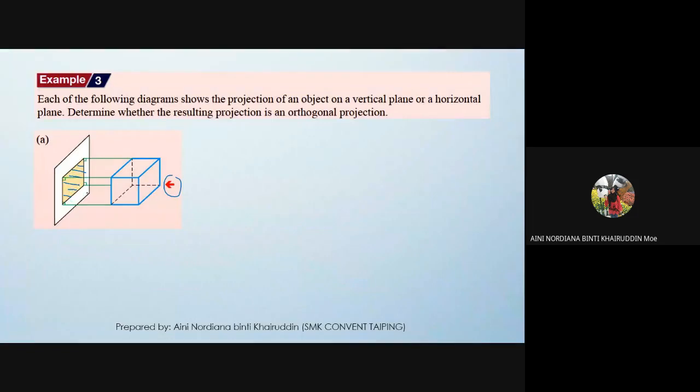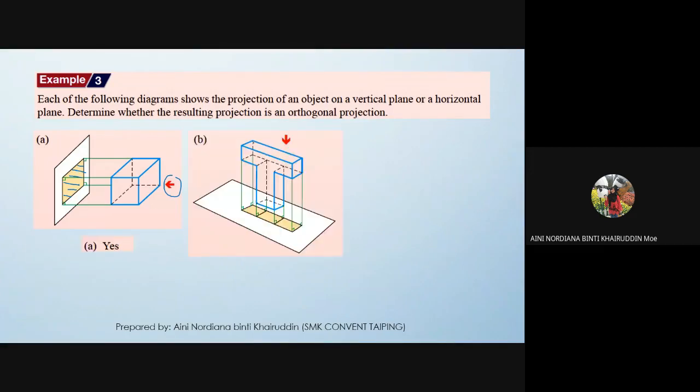So this is the orthogonal projection or not? Answer is yes. B, like from up, this one. So this is also yes.